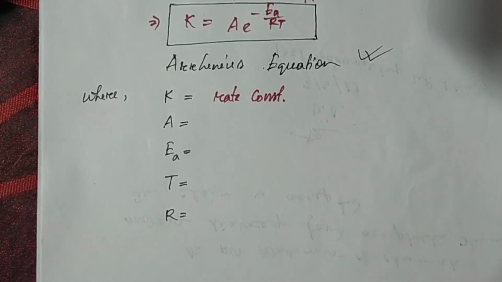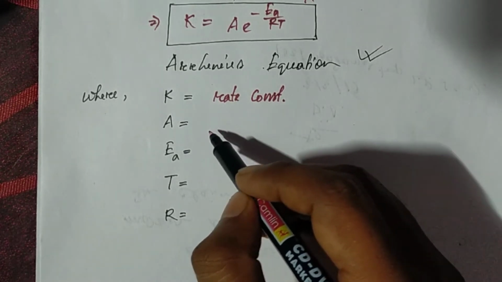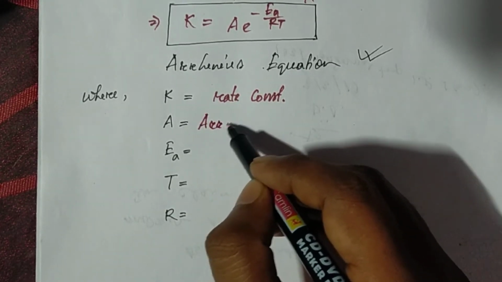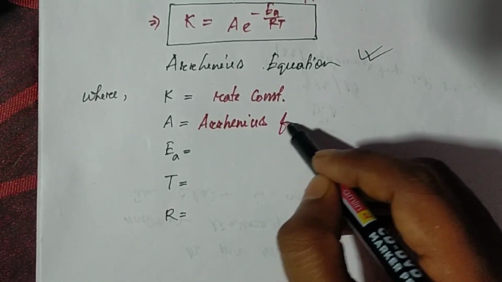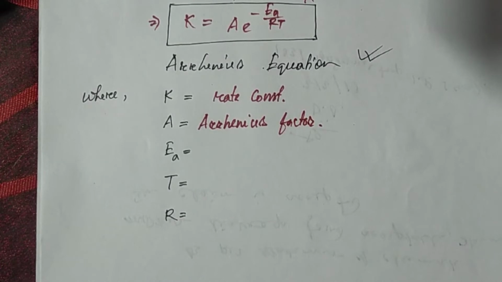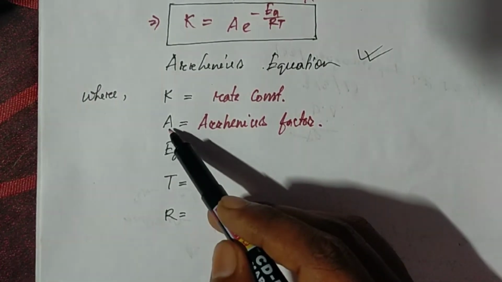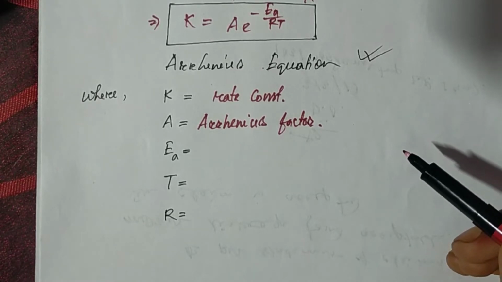And A is called the Arrhenius factor, or you can say that this A represents the total number of collisions per second.